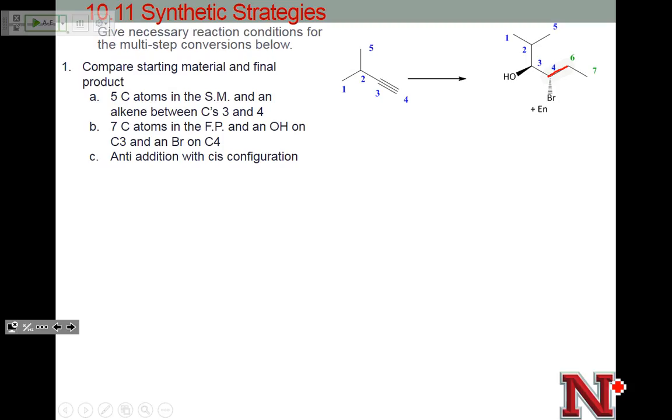But did we do that reaction with a double bond or a triple bond? So if we had a triple bond and we reacted it with Br2 and H2O, will we form this product? You shook your head no. Why?